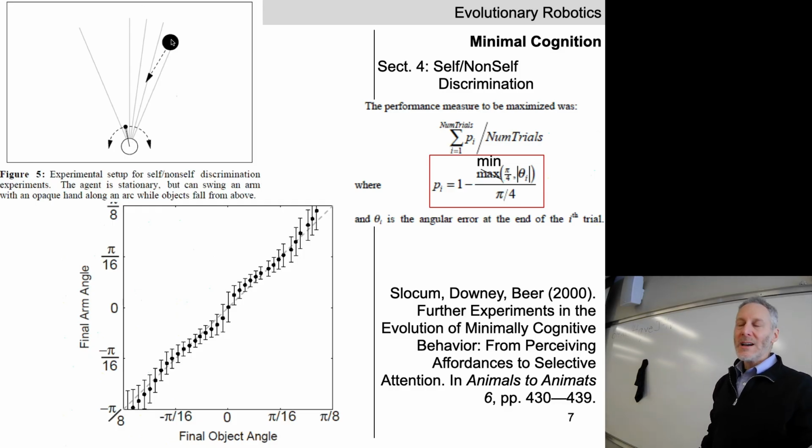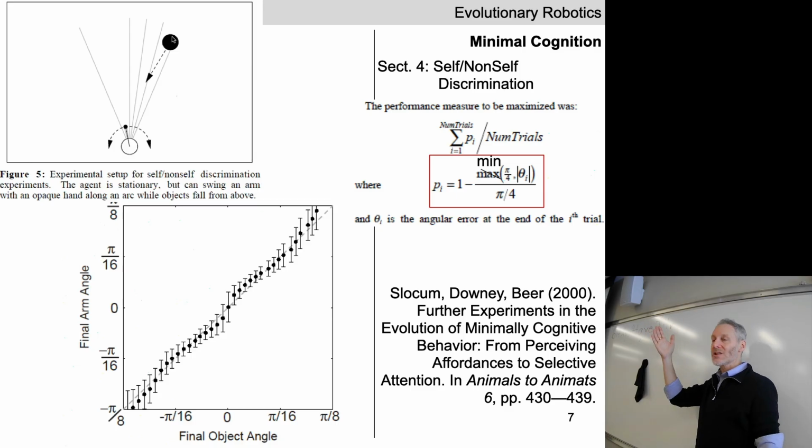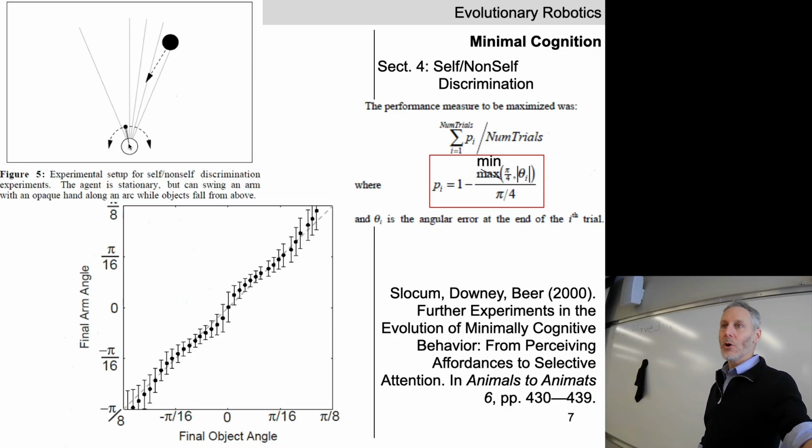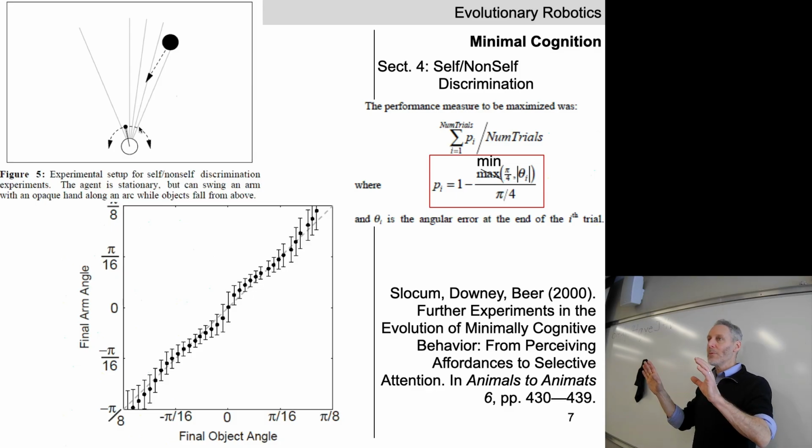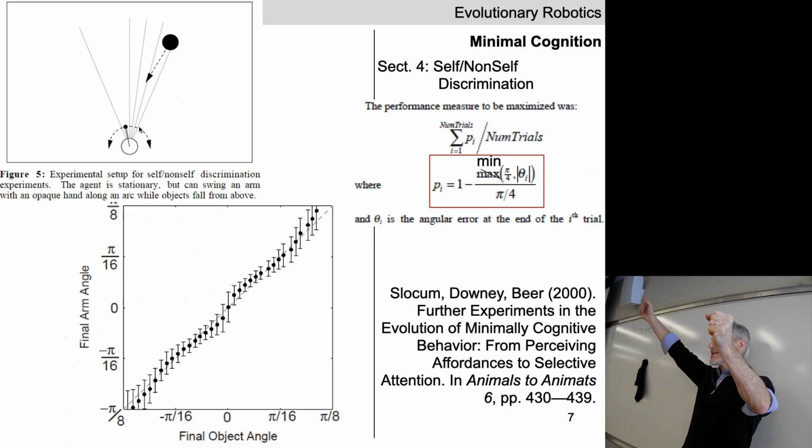They're going to drop a single object from the top of the screen. That object can fall straight down or at different angles, represented by the dashed straight arrow here. And that object, as it falls, can also obstruct the robot's vision. So in this little cartoon here, at this moment in time, the robot is seeing its own hand and it's seeing a falling object, but from its point of view, it doesn't know.